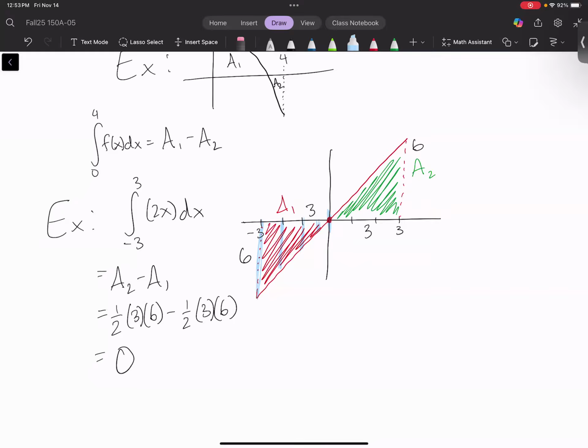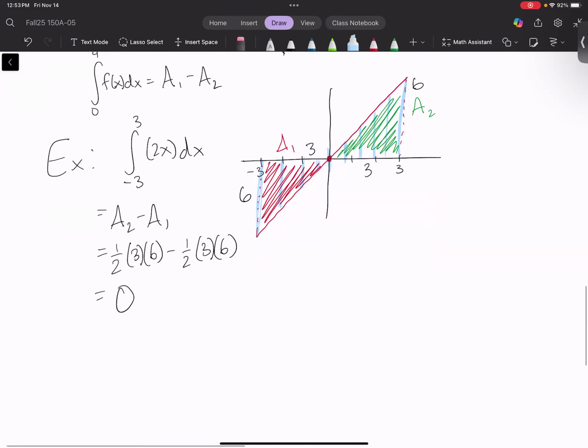Once I keep moving across my bounds even more, this positive area is counteracting that negative area I already got. I keep going. Once I hit the end, all the net change in signed area balances out completely. The negative area and the positive area cancel each other out.